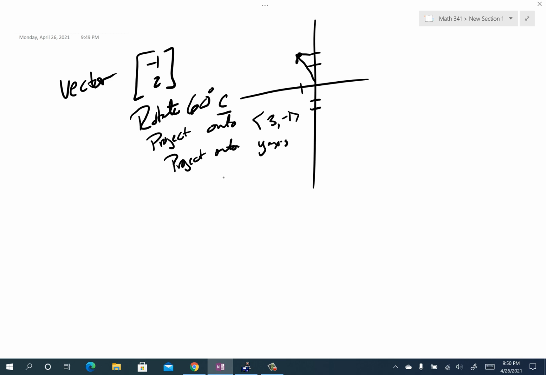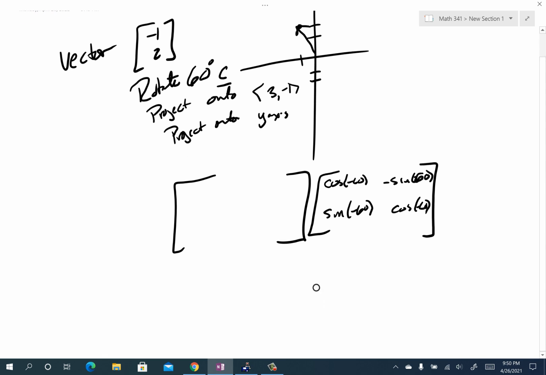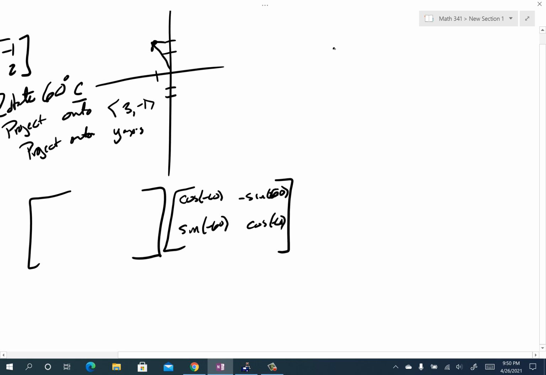Let's do it. If you rotate 60 degrees clockwise, remember that's the cosine of negative 60, negative sine of negative 60, the sine of negative 60, and the cosine of negative 60. Then to that, we're going to use the projection matrix. I feel like that's pretty similar to the one we just did, so let's do it. 3, negative 1, 3, negative 1 over 10.